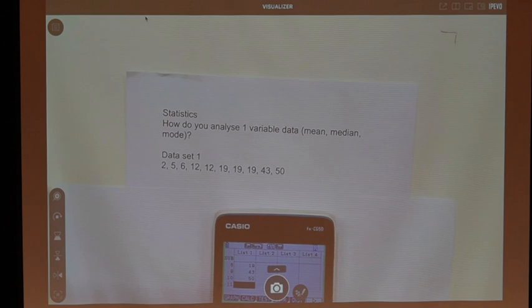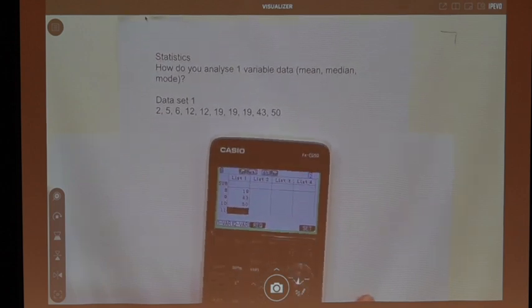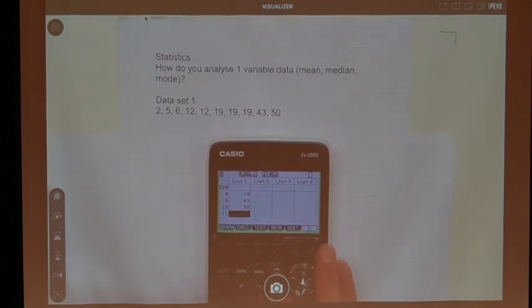Alright, boys, thank you. Because we are finding the mean, mode, median, here we go to Calc.